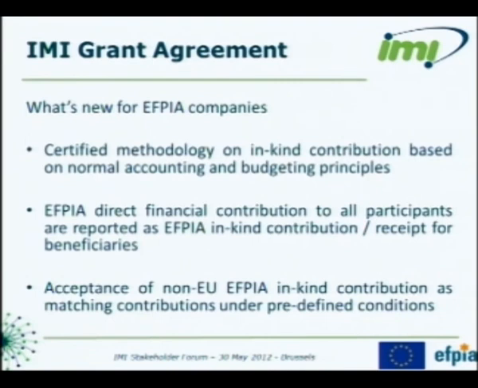The idea from the FPA company is to help in hiring this PhD, but also for the benefit at the end of the project and the whole consortium. To that end, it has now been clearly stated in the grant agreement that any of this cash contribution made to one of the partners in the project for the benefit of the IMI project will be clearly recognized as in-kind contribution, just to avoid any misunderstanding.